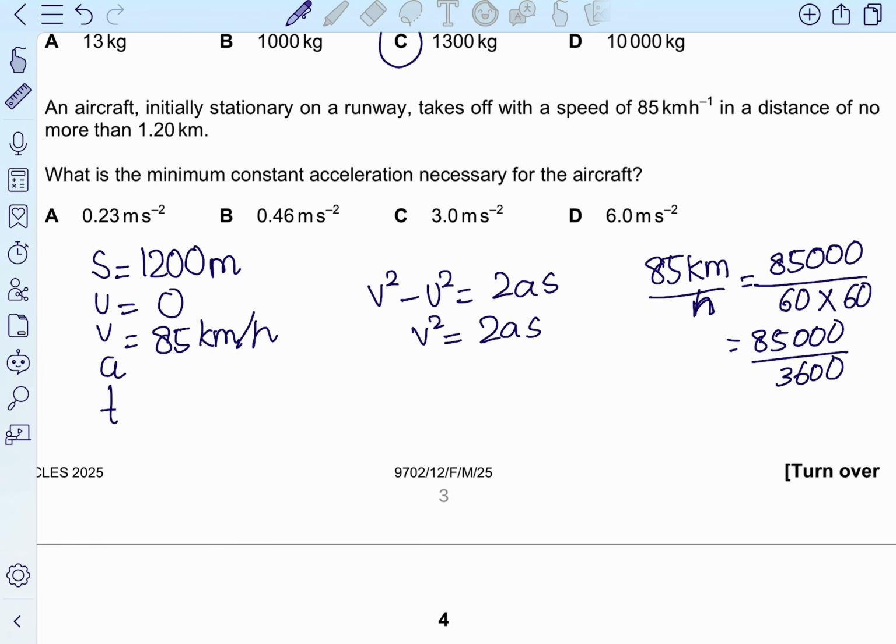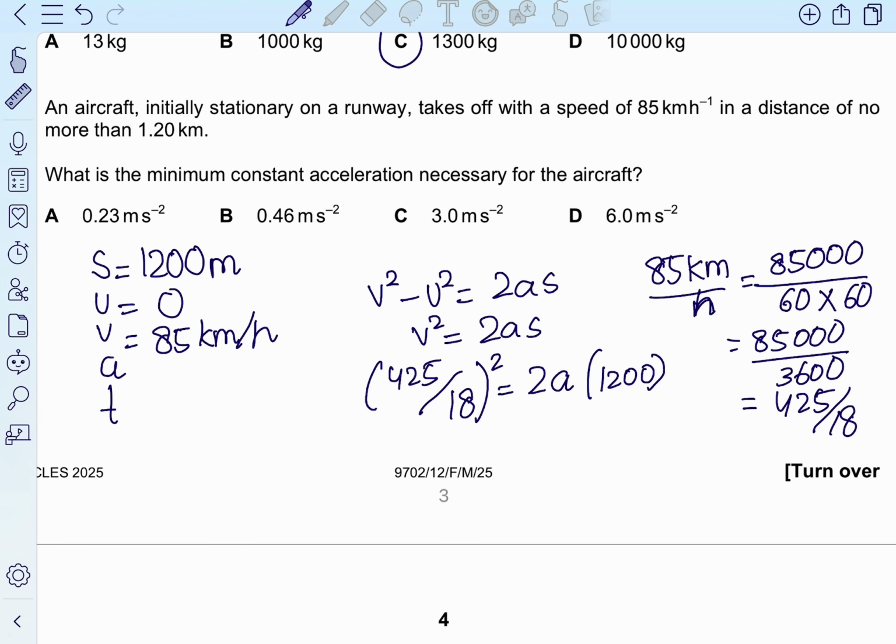That will give me the value of the speed as 425 over 18. So my v square is 425 over 18, the whole square, equivalent to 2 times the acceleration times the distance, which is again 1,200.